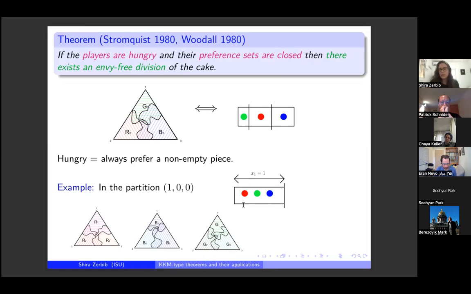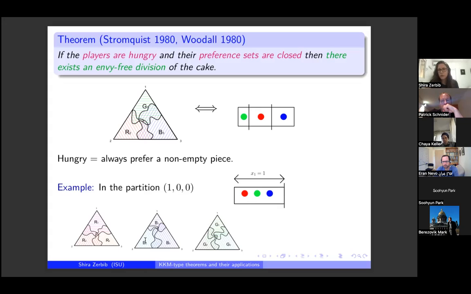But since the players are hungry, all of them choose in this partition the first piece, which means that this partition belongs to R1, and it belongs also to B1, and also to G1. This tells us that the vertex (1,0,0) is in R1, B1, and G1, which is exactly the KKM condition for this vertex.